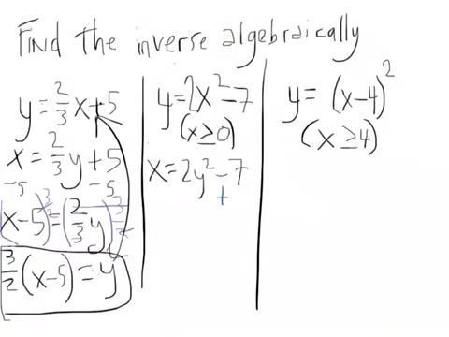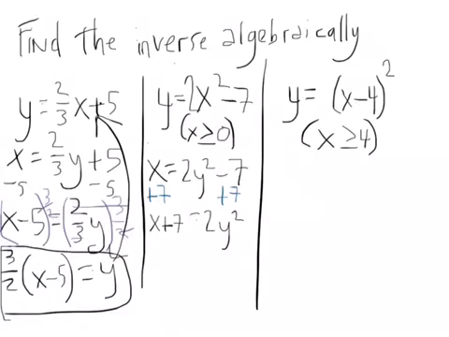So first thing I'll do is I'll just add 7 to both sides. And doing that gets rid of that minus 7 on the left. So now I have x plus 7 is equal to 2y squared. And now if you'll notice over here on the right hand side, it's 2 multiplied by y squared.